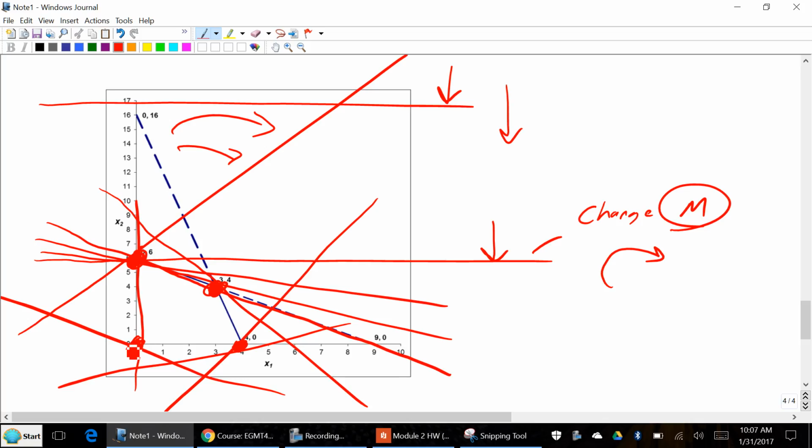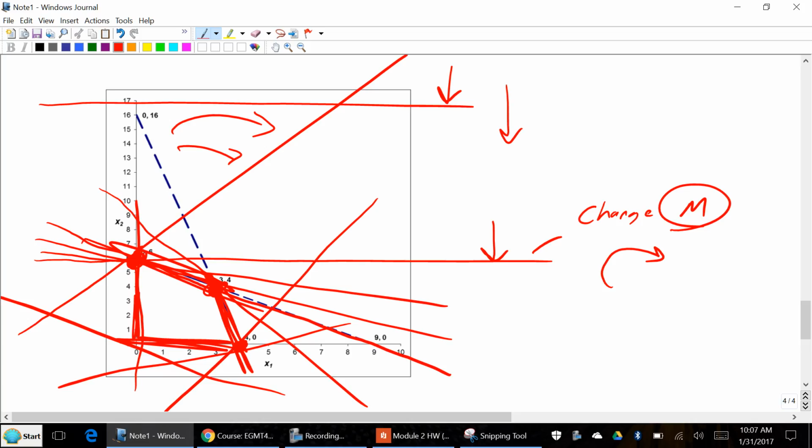And then there are 4 unique slopes, and it's real easy to figure out what those slopes are. It's the slope of this, the slope of this, like I said, the slope of this, the slope of this, and the slope of this. There are 4 unique slopes where you have an infinite number of solutions, and then it moves on to the next corner point. Does that make sense?